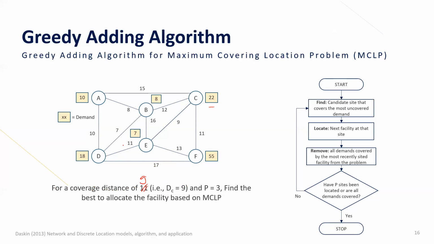It means that if you open, let's say A, then A will cover B if it is less than this coverage distance. We have those coverage distance data that later need to be processed. And then to find this solution, we need another parameter, which is how many facilities you can open. In this case, let's say we have 3, to see how we can iterate.